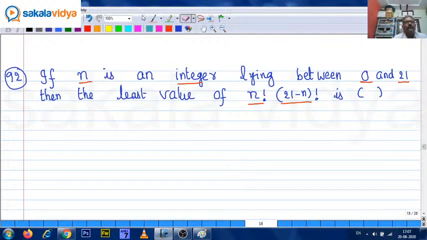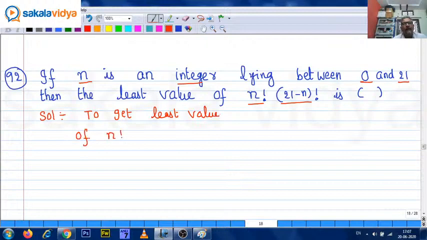Now let us discuss the solution to get the least value of n factorial into 21 minus n factorial.